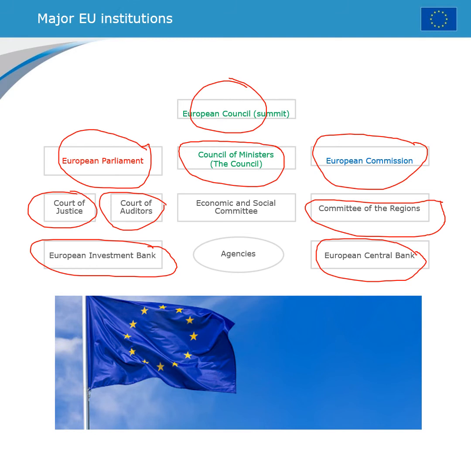Or if you look at the Celtic areas, that's in Ireland, in Wales, in Scotland, and in northern France. There's a lot of regions that go across borders. Not every people have their own country. And so this Committee of the Regions represents the voices of the regions and their interests.